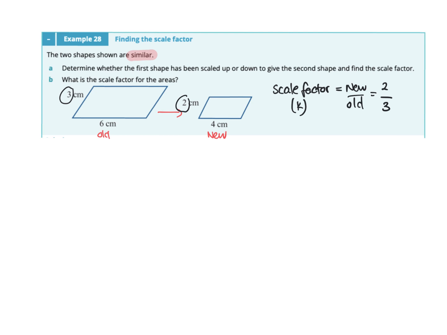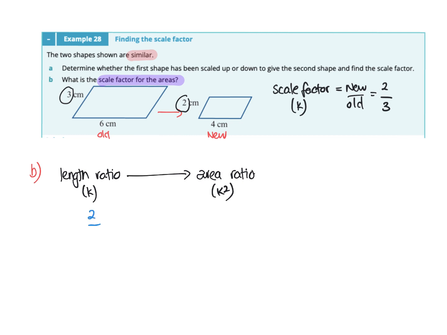Now they've asked, what is the scale factor for area? Just like I said before, if you want to go from the length ratio to the area ratio, remember if we've got a K value, we just square the K value. In this example, you've already worked out the length ratio.